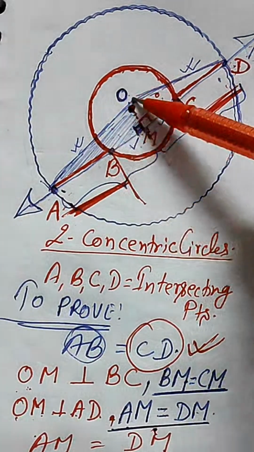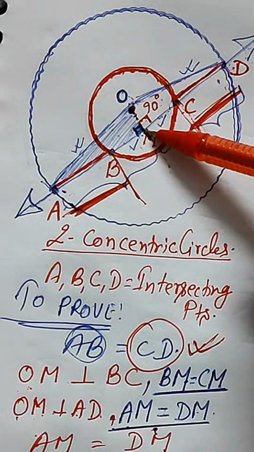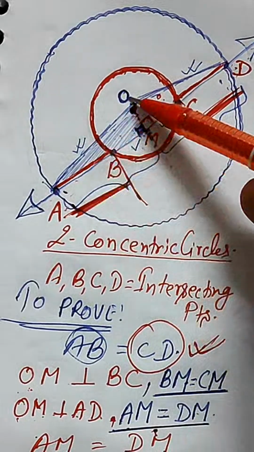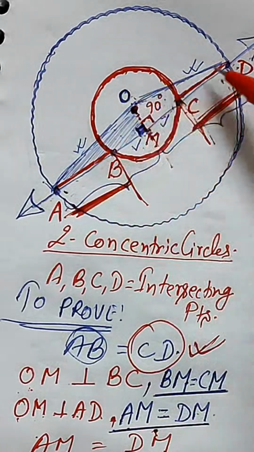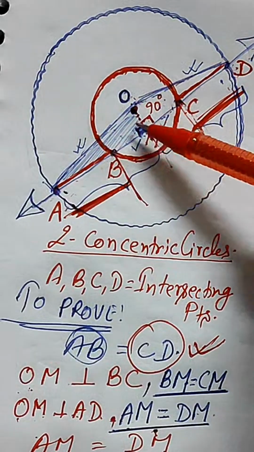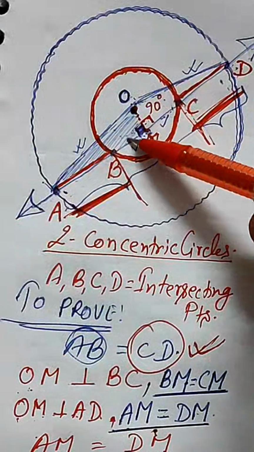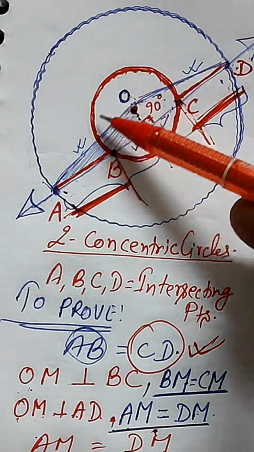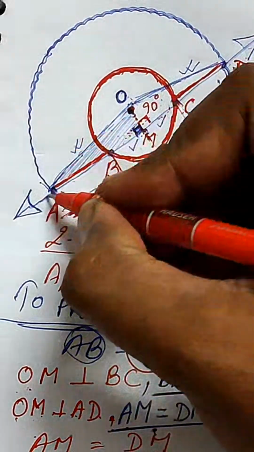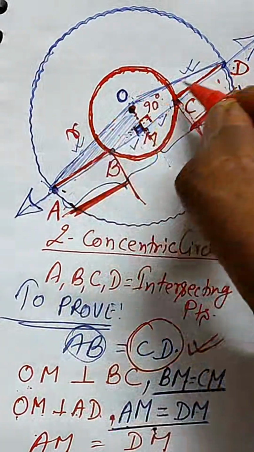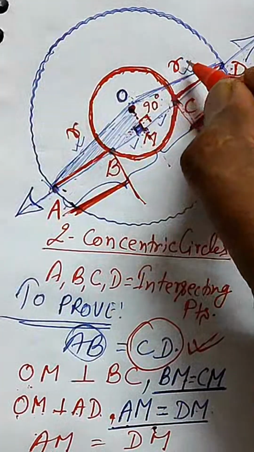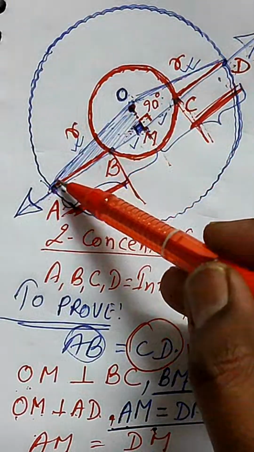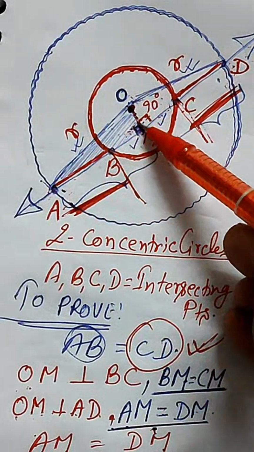So when this perpendicular is drawn, we prove the congruency of OAM and ODM, right? Because two angles, 90 degrees each for both the triangles. This is the common radius, that is OA is the radius and OD is the radius, right? And you can see OM is the common side.